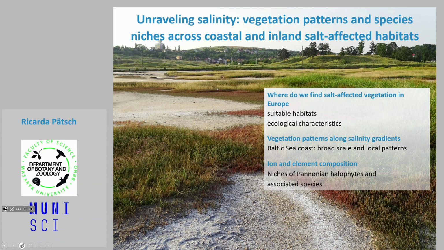Then I will talk about the main driving factors, salinity and moisture, and how they translate to vegetation patterns on a broad scale, but also on a local level. In the third part of my talk, I will talk about the role of ions and elements that contribute to salinity in the soil.